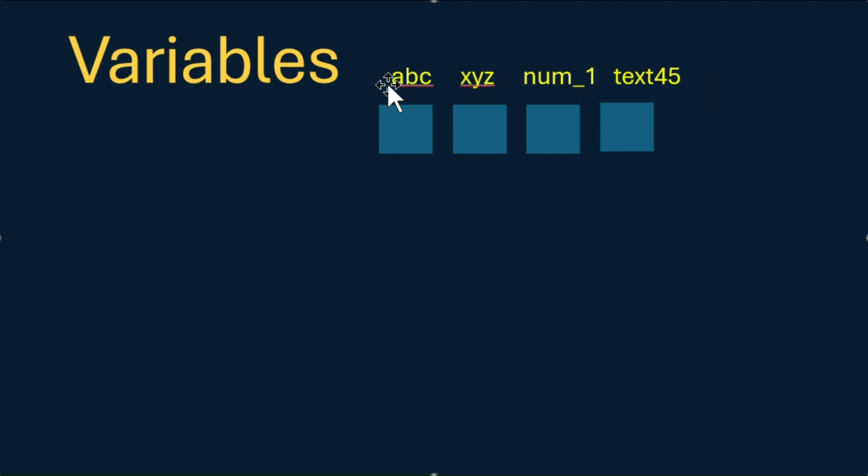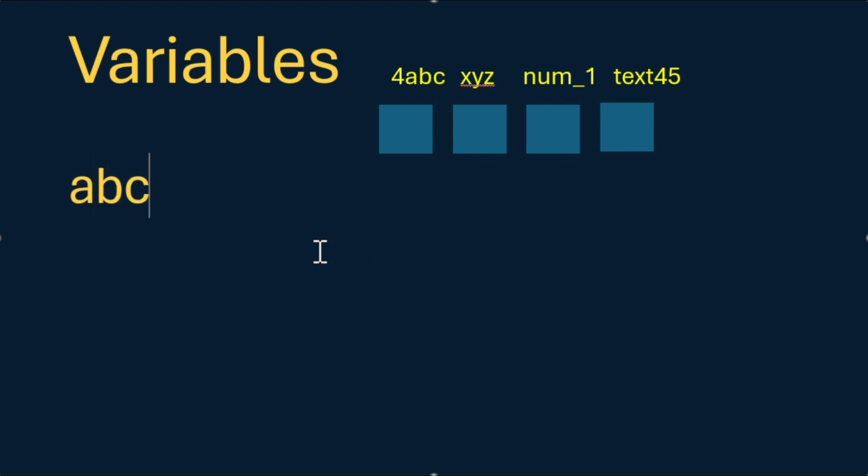Variables can be any name. We can give any name to the variables. It can consist of alphabets, numbers and underscore. But the variable name should start with an alphabet. See here it starts with A, X, here N. A variable name cannot start with a number, so 4ABC cannot be a variable name.